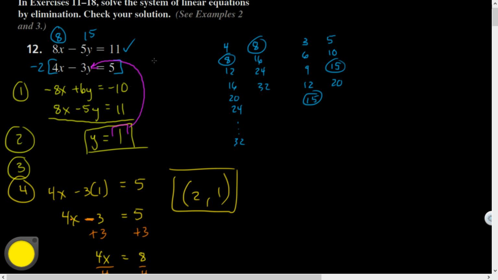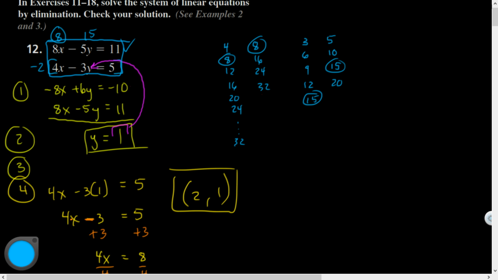Now, why wouldn't I have wanted to use substitution on this set? Why would substitution have been a lot of work? What do I like to have when I solve by substitution? Well, if I was looking at this, I would like to have one of the variables have a positive 1 or a negative 1 coefficient.